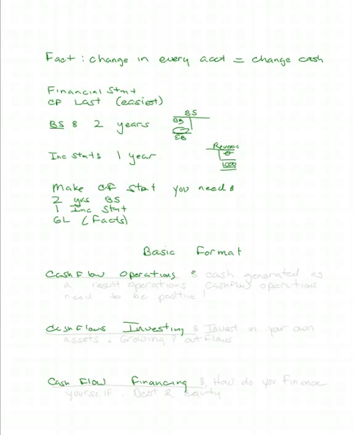Cash flows from operations, that is the actual cash that you generated as a result of operations. It's kind of funny. This whole time we've been teaching you to do accrual basis accounting, and now we're going to have you do cash flow from operations. If it goes into net income, it belongs in the cash flow from operations or cash flow from operating activities section.